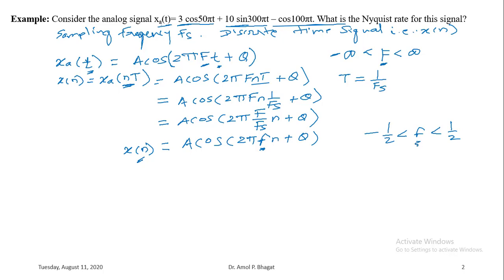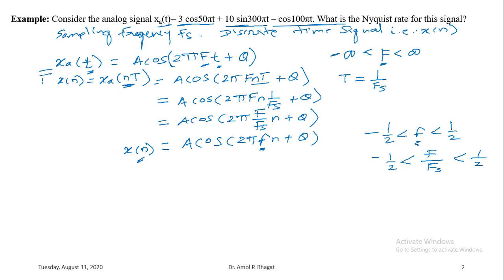Here we have already seen this -1/2 less than small f, which is nothing but F upon Fs, less than 1/2. So these we have seen in the previous session.